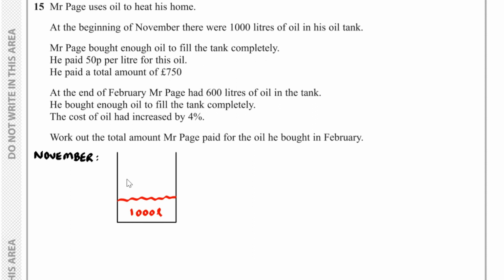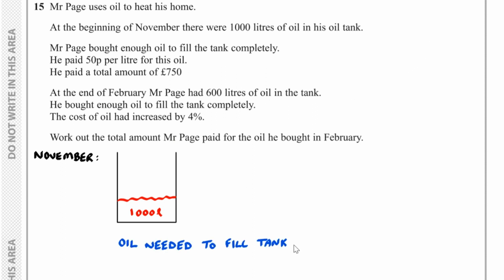And then what he's doing is, he's filling this tank up completely with oil. And he paid 50p per litre for this oil, and he paid a total of £750. So what we can do with this information is find out how much oil he needs to fill up the tank.